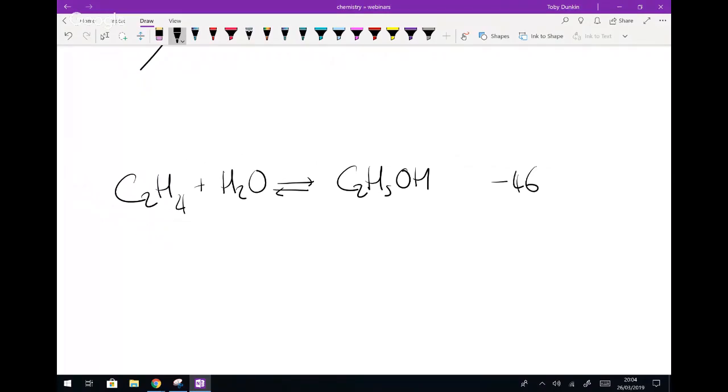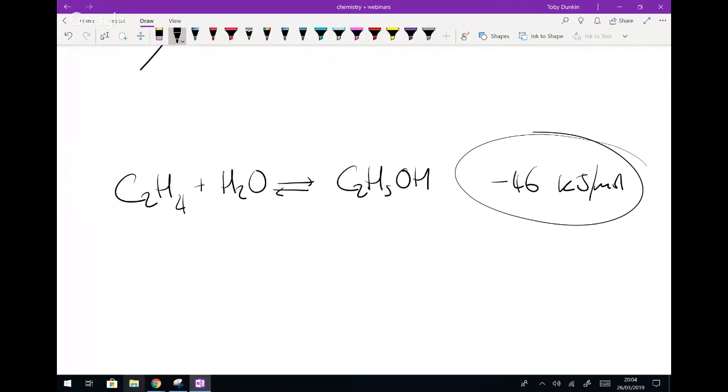Something like minus 46 kilojoules per mole. So the question is, what does this tell us about the reaction? Put it out to your year 11. What does that tell us about the reaction?